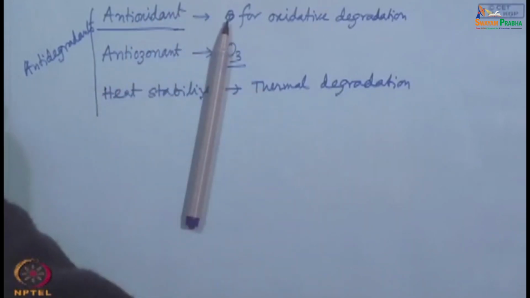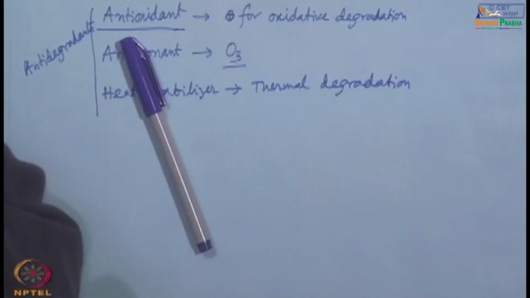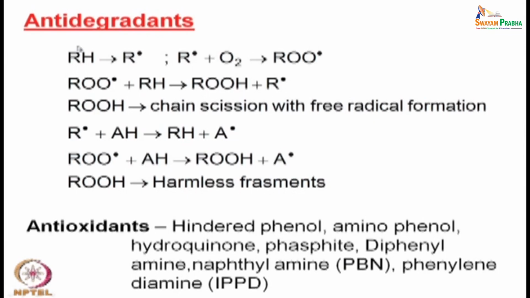Now, let us have a very quick look into the degradation mechanism of rubber. RH represents a rubber hydrocarbon, containing carbon-carbon linkages, unsaturation bonds, and carbon-hydrogen bonds. Now, if some agency attacks the rubber, a carbon-hydrogen bond can be broken, forming a free radical.